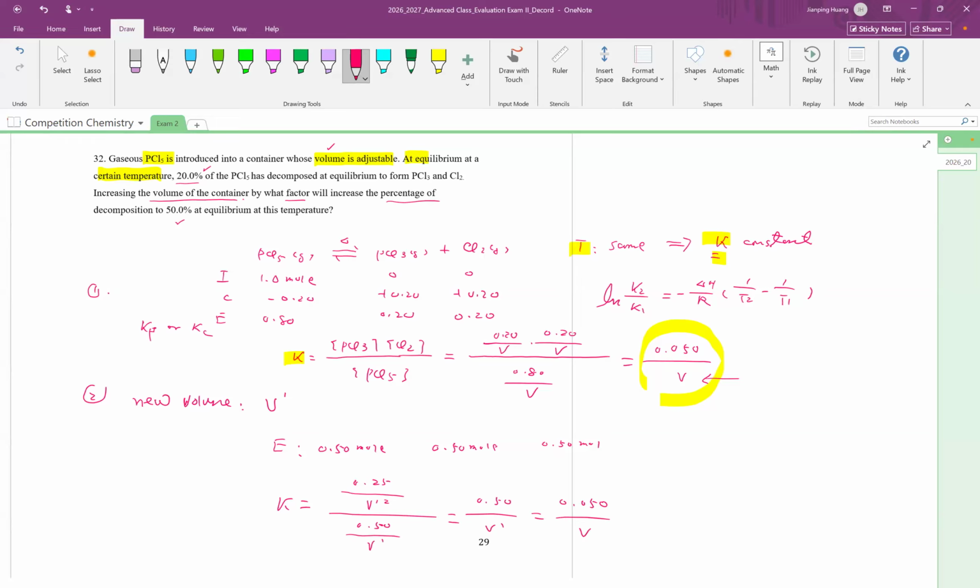Do the math. V prime equals 10 V. What does it mean? You increase the volume 10-fold. The factor is 10. That's how it increases the percentage of decomposition to 50% at equilibrium.